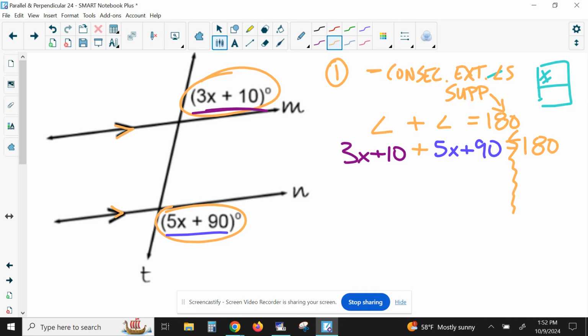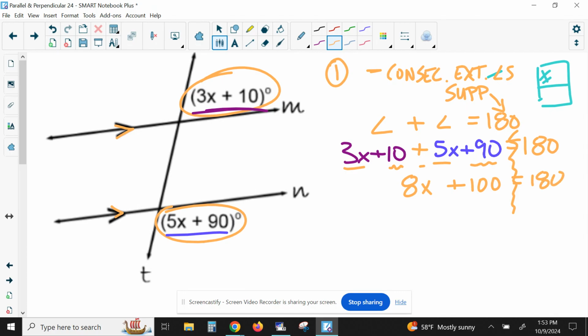Okay, so your teacher would have said to combine like terms, and you got what, 8x? And then any other like terms you had on that side? This guy and this guy are like, so plus 100 equals 180. And then what would you do?